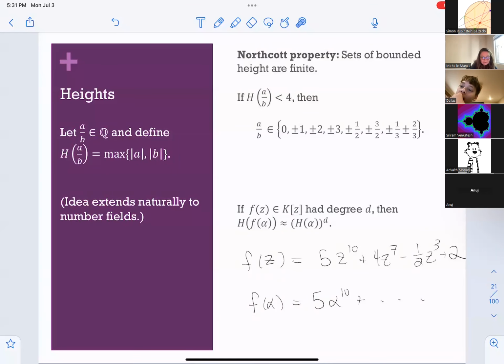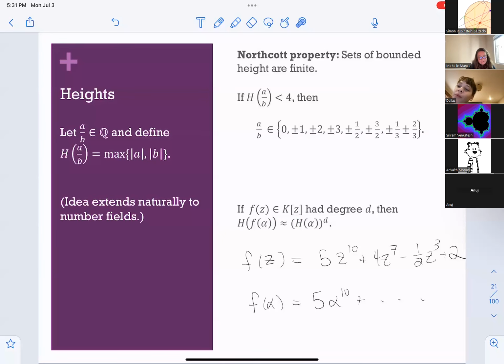So if I raise alpha to a big power, the height of f of alpha should be about the height of alpha raised to the 10th power, but that's not going to be exact because I have all this other nonsense going on, adding and subtracting, that might change things a little bit, right? But approximately, that's what this little squiggle means.